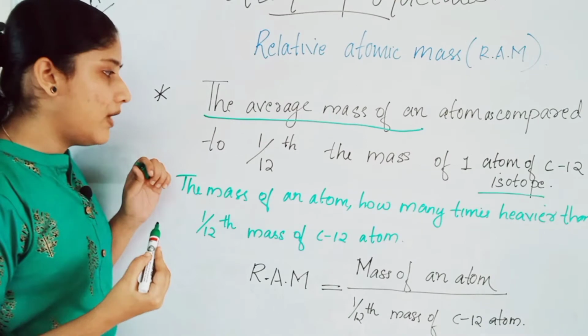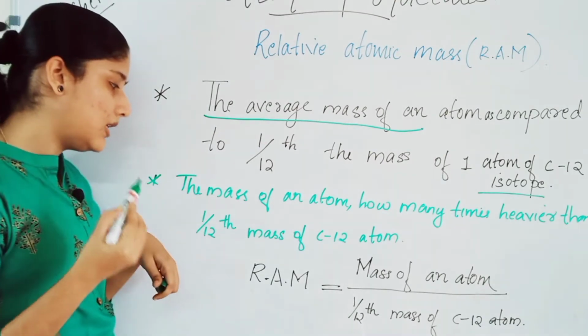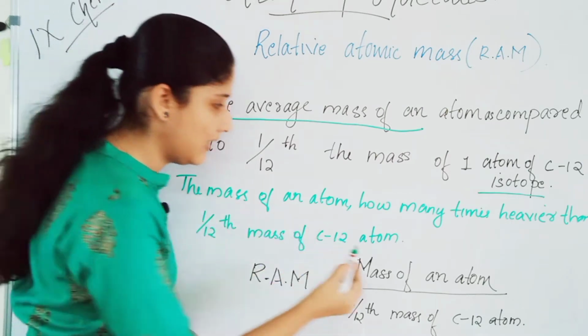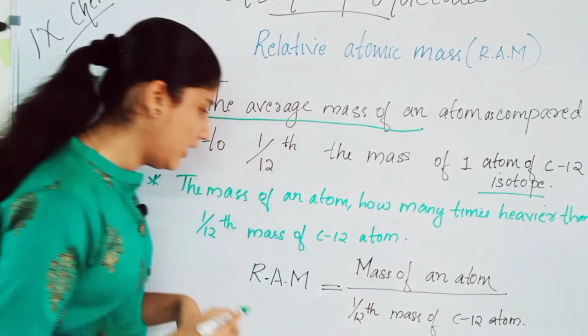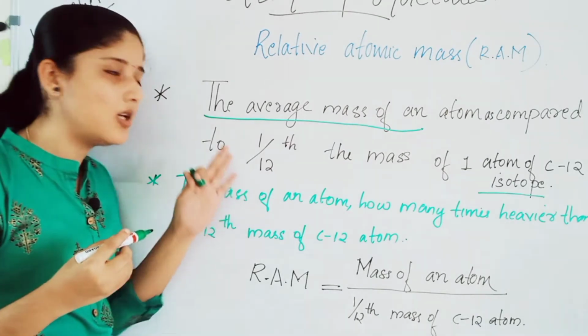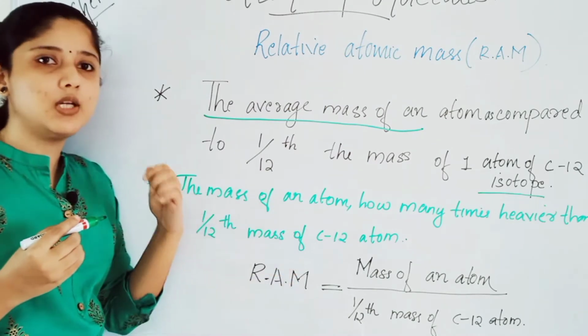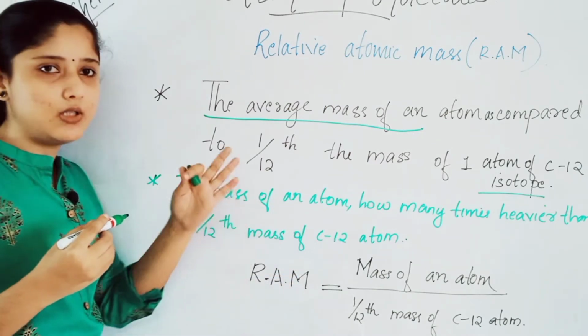Another definition: relative atomic mass is how many times heavier the mass of an atom is than 1/12th mass of the carbon-12 atom.